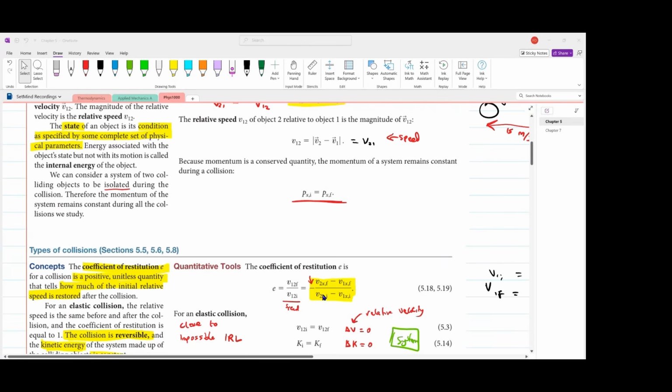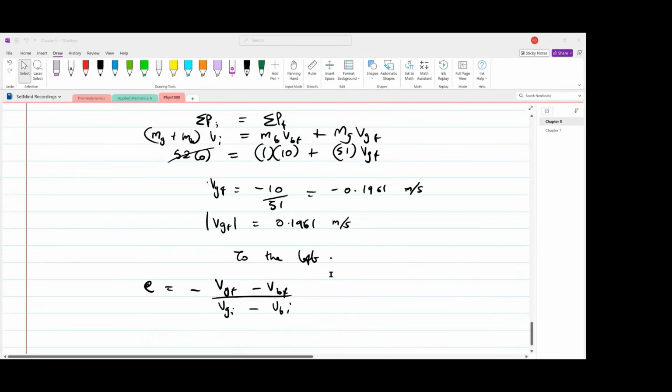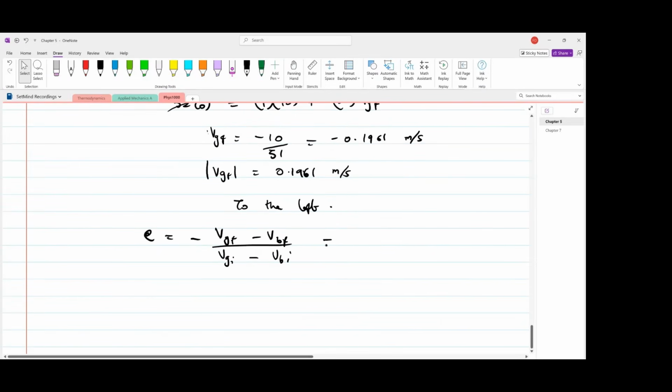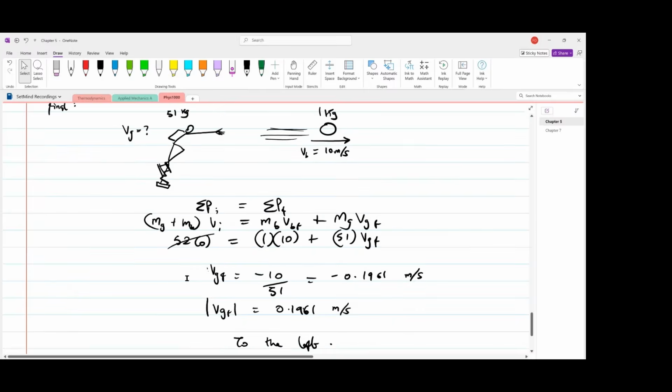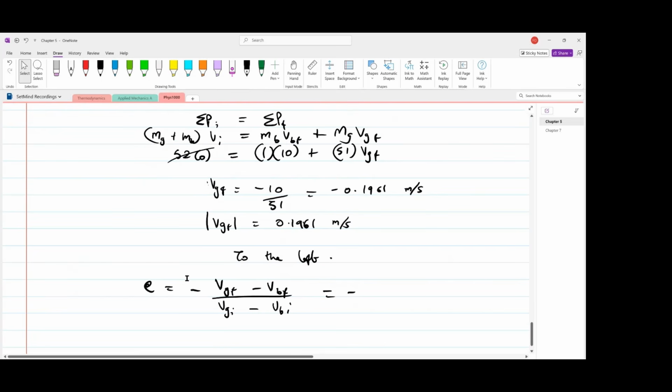There seems to be a problem in this scenario, but we're going to look at it now. If we just substitute in the values, we're going to see there's a problem here. Our VGF is minus 0.1961, minus our VBF, which is 10, divided by, and this is where the problem comes in, because now what do we have?